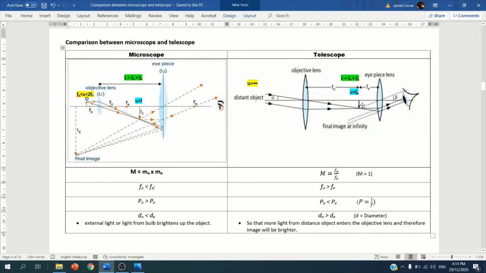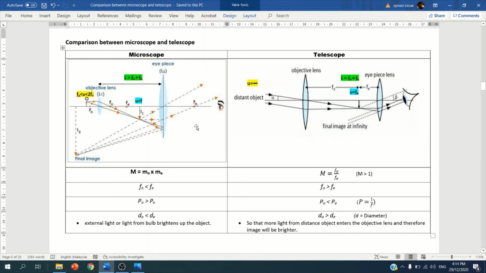The image of the objective lens becomes the object of the eyepiece, and it is at the focal point of the eyepiece. So this is case number 4: a large image is formed at infinity.